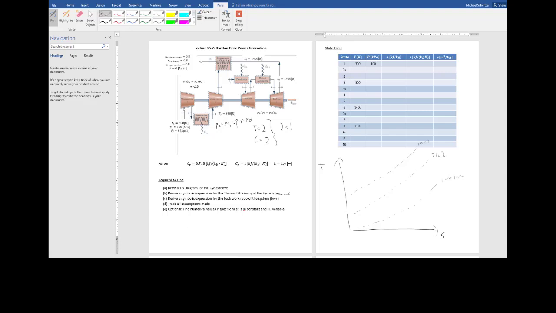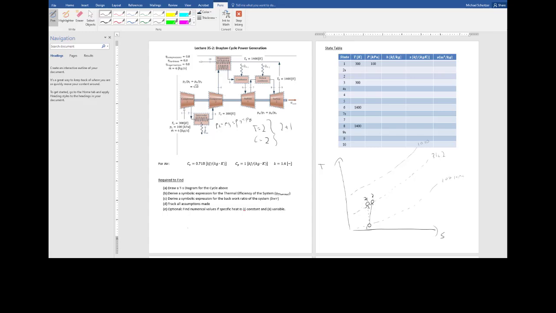So now I'm just going to work my way through the states. I start at state 1. What I do as I go from state 1 to state 2 is a compressor. At least the ideal version goes up to 2s, but the real version is going to go over here to state 2, because I have to go up and to the right. Then I cool down.